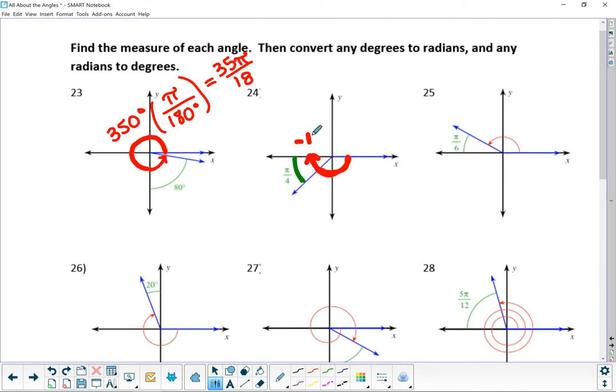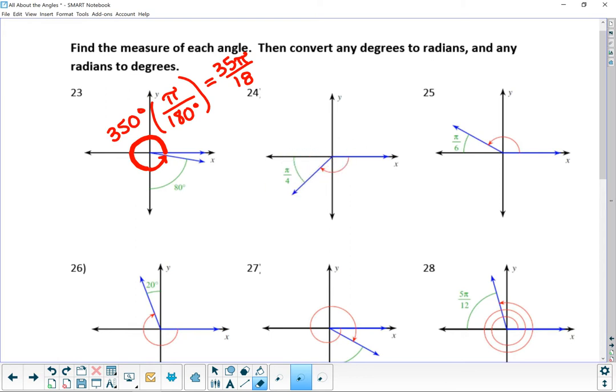If I went all the way, I would be at negative pi, but I need pi over 4 less than that. So I need to take pi and subtract pi over 4. Let's just forget about the negative for a second. Let's just say pi, which is half a circle, and I need to take away pi over 4. And then when I'm done, I'll put a negative back on.